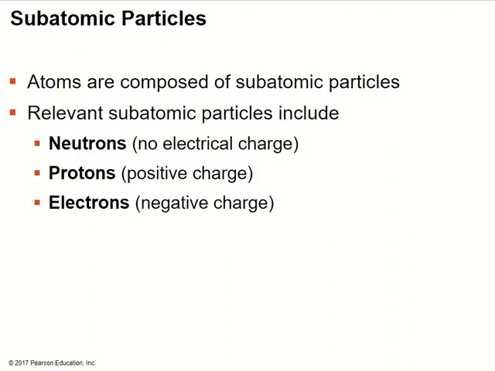But atoms are composed of subatomic particles. The ones that are relevant to biology are usually neutrons, protons, and electrons. Neutrons are the ones that have the most mass and no net electrical charge, protons are slightly less massive than neutrons and contain a positive charge, and electrons contain substantially less mass than a proton or neutron.